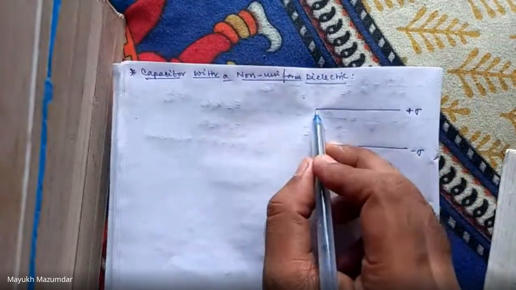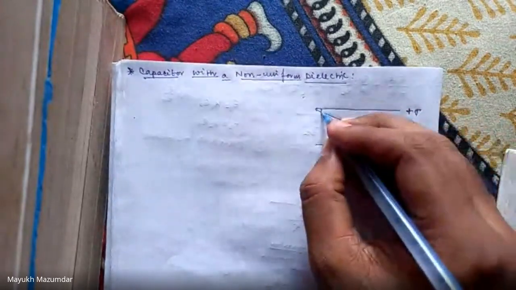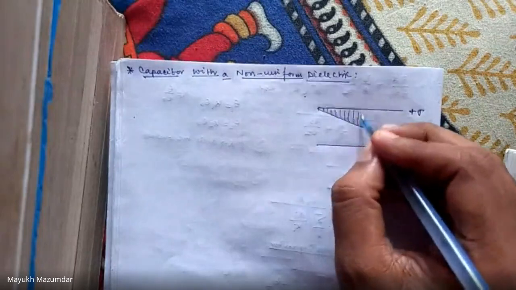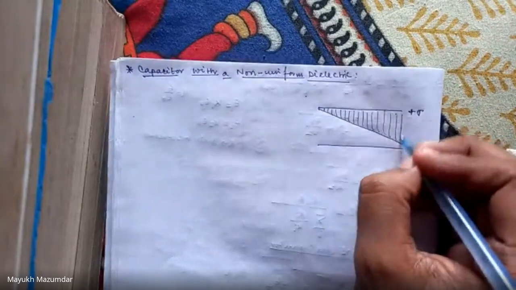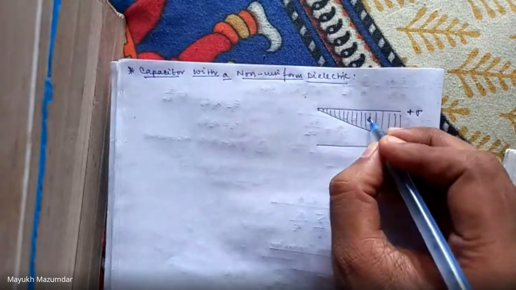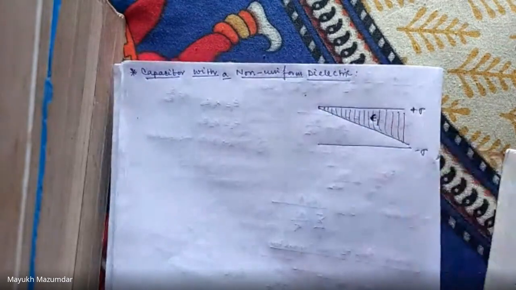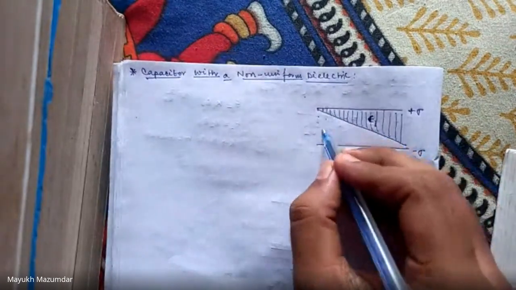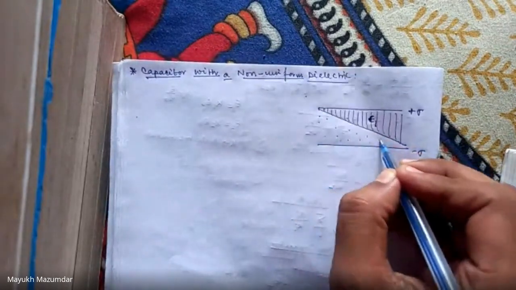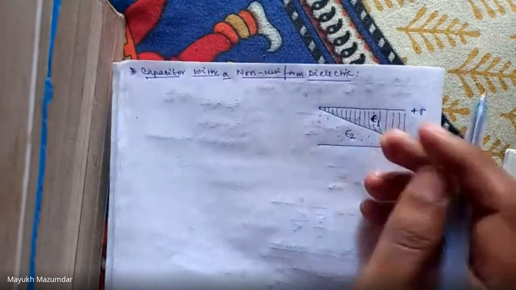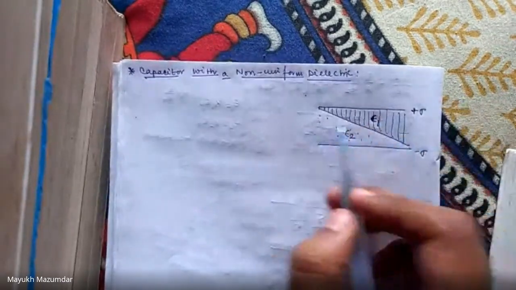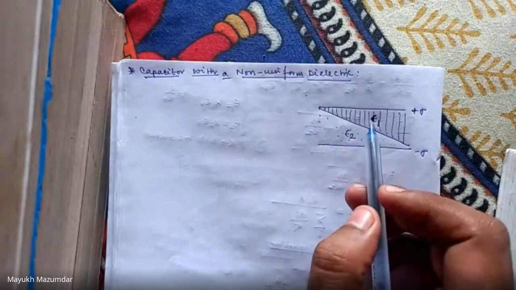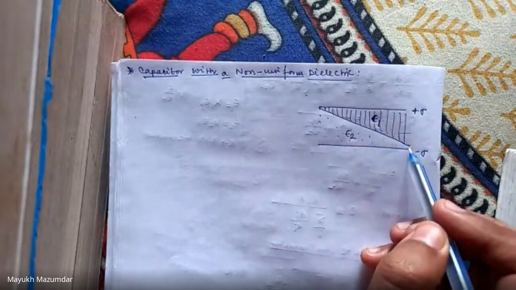It may be like this. What if I have a parallel plate capacitor and the distribution is like this? Say in this portion I have a dielectric of epsilon 1 permittivity. Here I have another dielectric of epsilon 2 permittivity. But they are not placed parallelly. The distribution is not uniform.